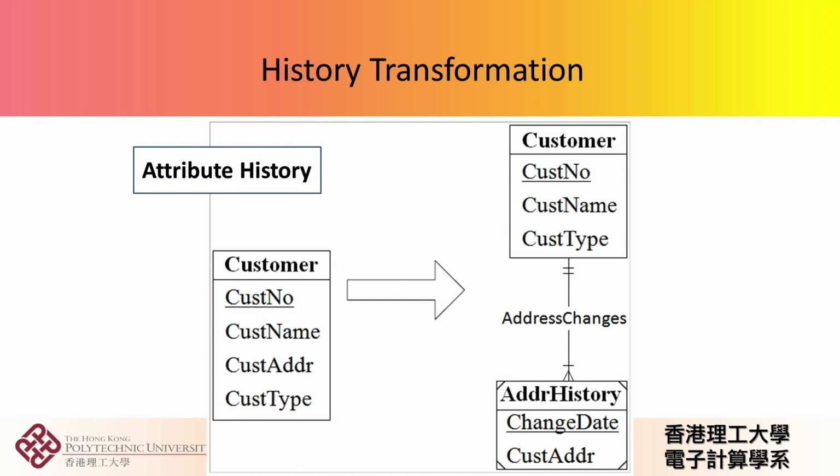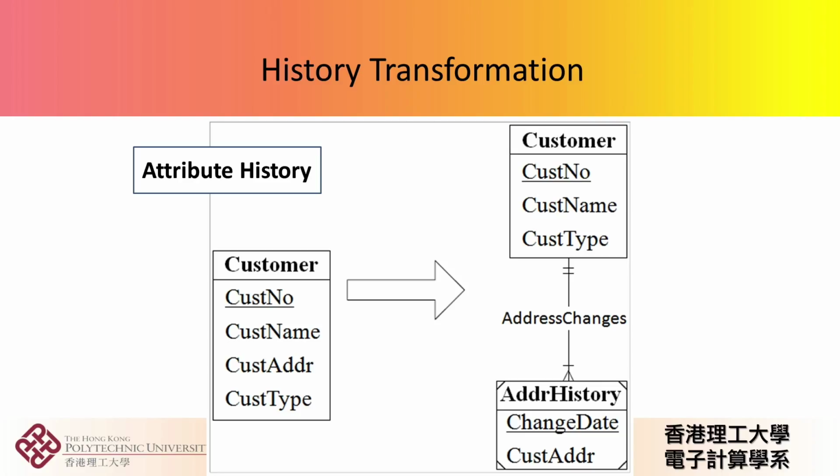History transformation may be necessary for legal requirements as well as strategic reporting requirements. This transformation can be done for attributes and relationships. When applied to attributes, the transformation is similar to the attribute to entity type transformation.